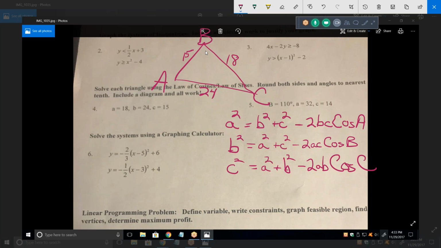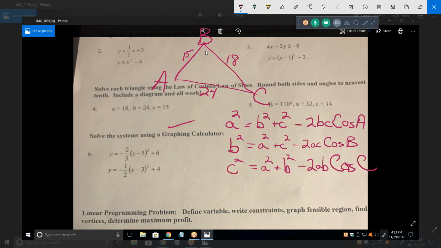So, is there a reason you chose that one? No. Could I have just chosen the other 2? Either one of them? Yes. Only when you have side, angle, side, or side, side, side can you do that. When you have a side angle side, you don't have any choices.